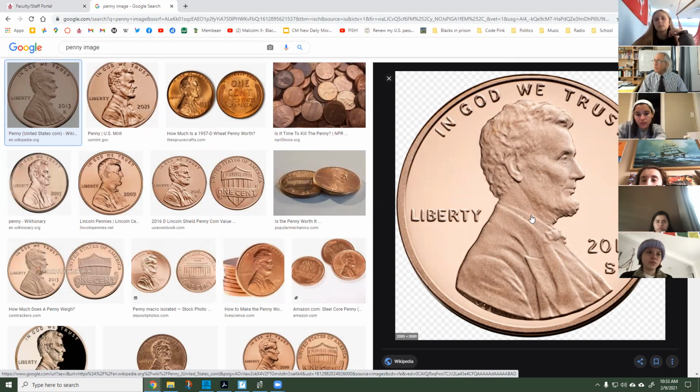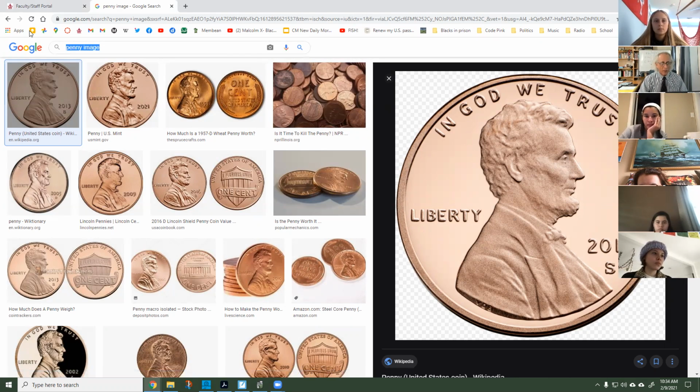This is what a penny looks like. And y'all know there's a date on the penny, right? And underneath that, there's a letter which indicates where the penny was minted. I don't remember exactly what they are, but that's where the penny was minted. You okay with that? Yeah, so I had a penny when I was a kid.